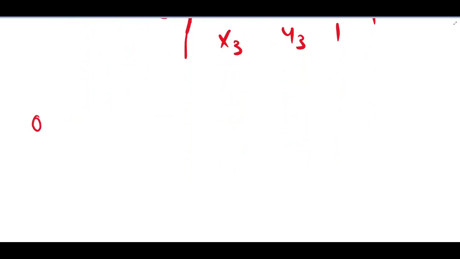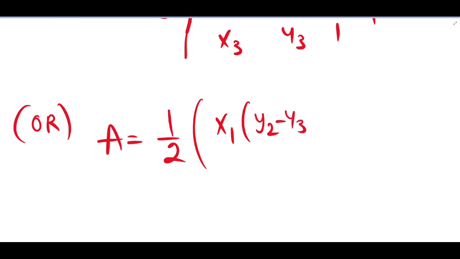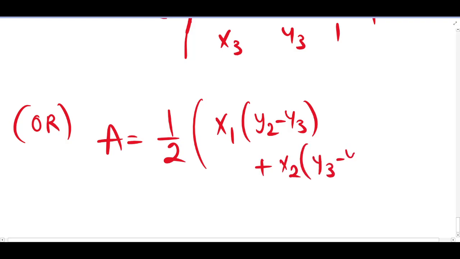Or we can say area is equal to half of x1 into y2 minus y3 plus x2 into y3 minus y1 plus x3 into y1 minus y2.